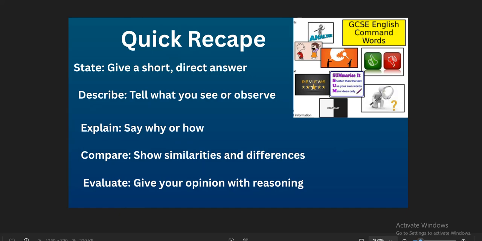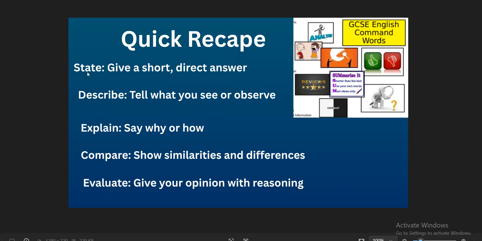So once you finish all these steps, I want you to have a quick recap of the previous command words which we have already learned. These 5 words are very important for the IGCSE exams, and you must understand the requirement of that particular question. These command words are state, describe, explain, compare, and evaluate.